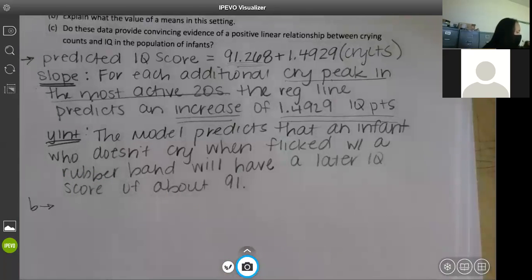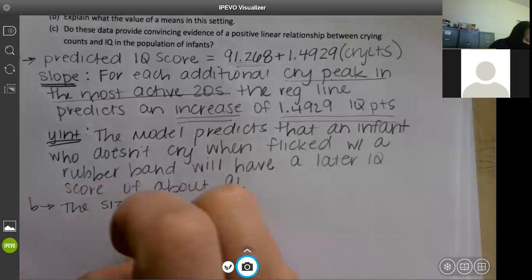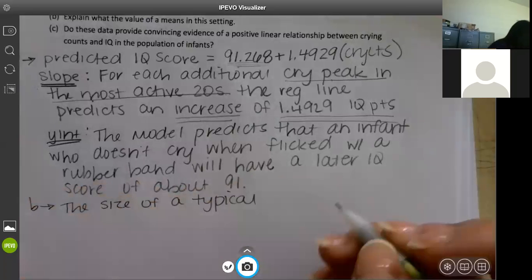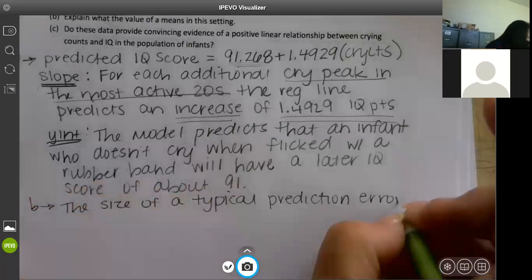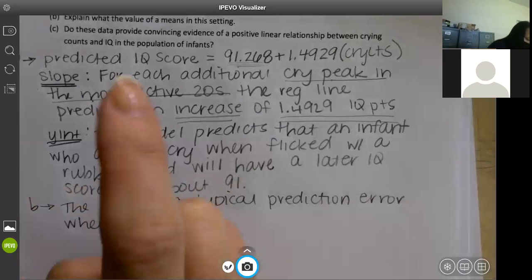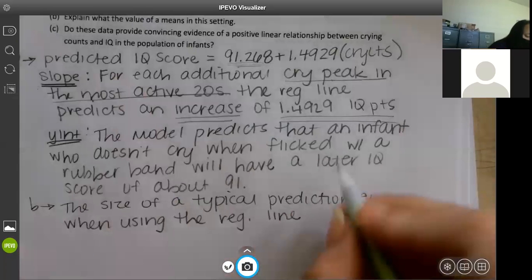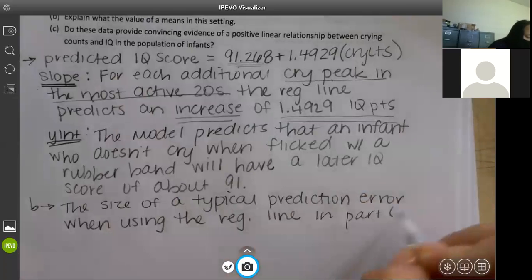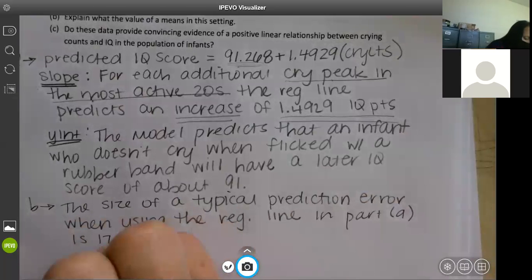B says, explain what the value of s means in this setting. So s is the size of a typical prediction error when using the regression line in part A, is 17.50 IQ points.